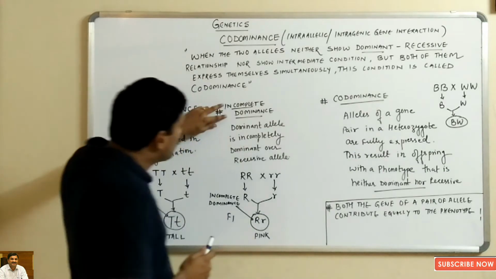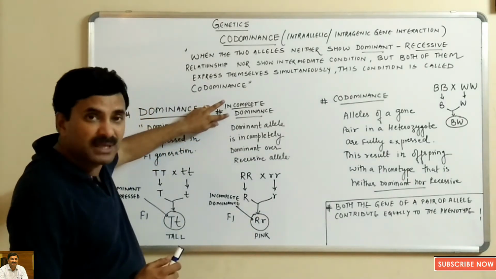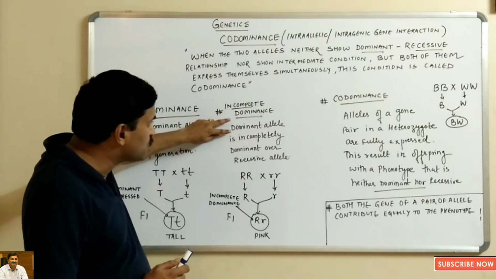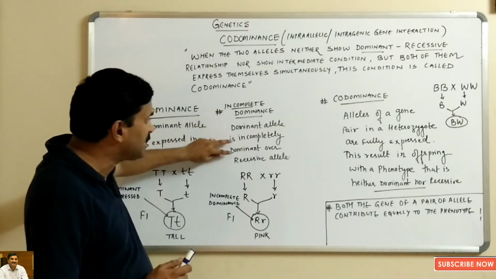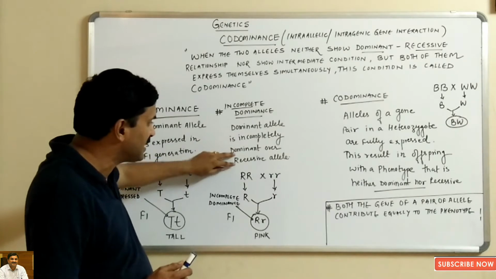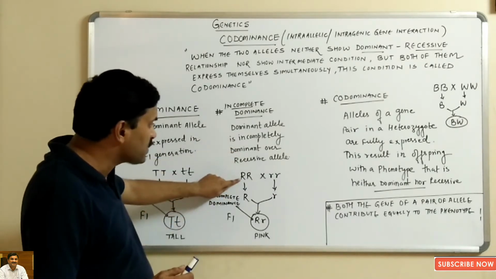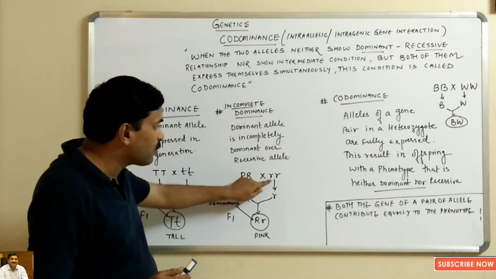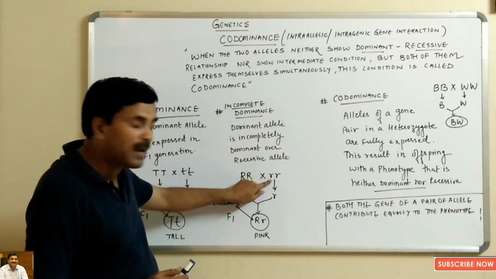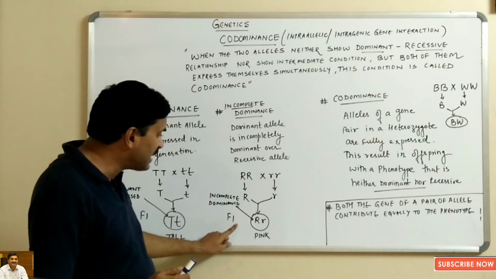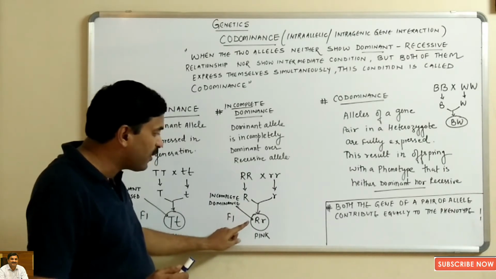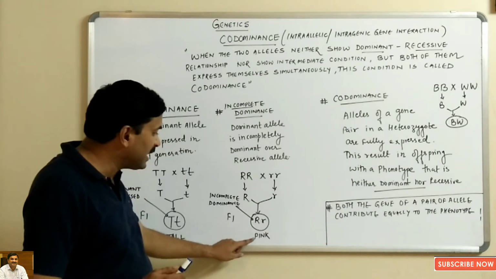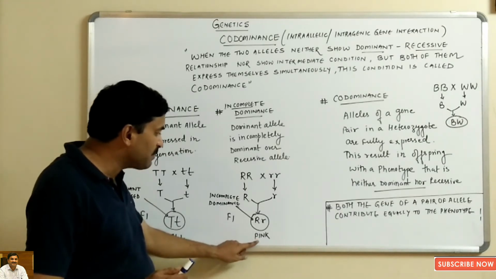Now see what happened in incomplete dominance. In incomplete dominance, the dominant allele is incompletely dominant over the recessive allele. When we crossed a red flower variety of Mirabilis jalapa with a white variety, what we saw in the F1 generation is that instead of red, an intermediate color was produced, known as pink.